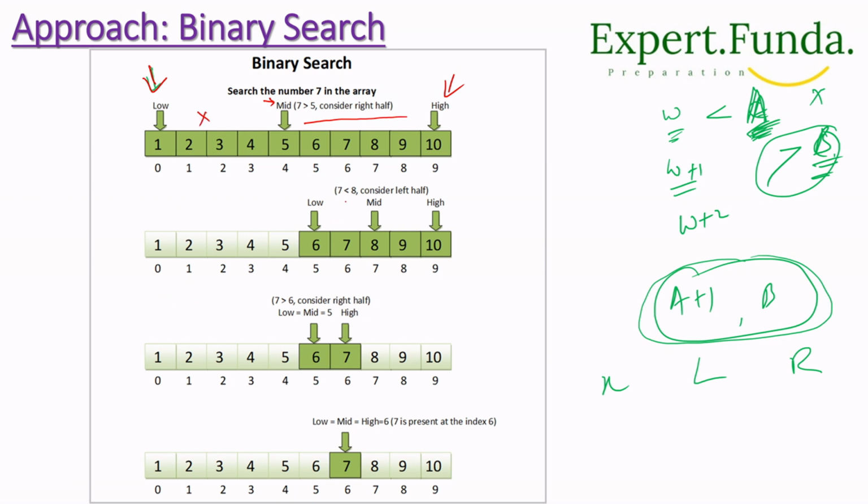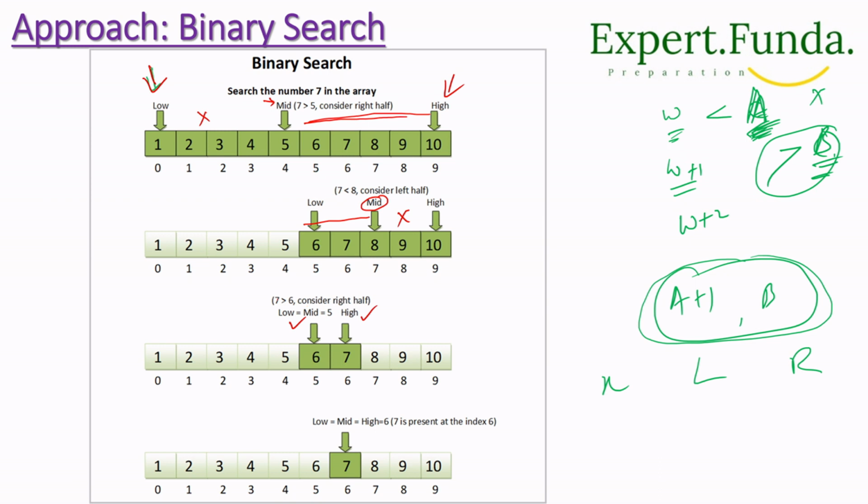Next we'll check whether 7 is greater than 8 in this half that we have taken. This is the mid we have. 7 is less than it, so we will discard this one and consider this half. In this half we'll check the mid, which is 6 7. So we have selected this one. Here mid is low, and high will remain high.